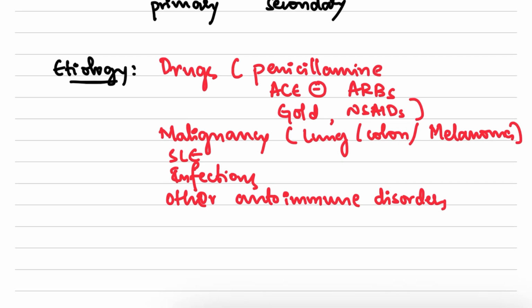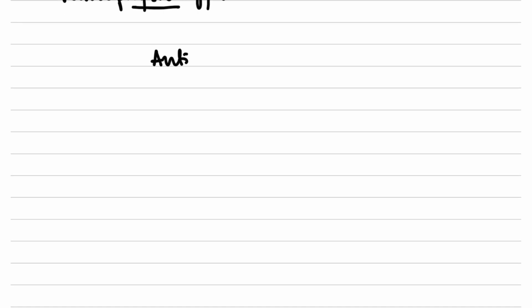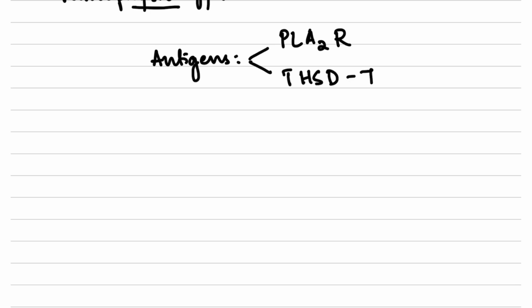Okay, so this will be the main etiology of membranous nephropathy. Let's go over a quick review on the pathophysiology of membranous nephropathy. So in this we have two antigens that you need to remember. One is PLA2R, phospholipase A2 receptor. The other one we have is THSD7A.